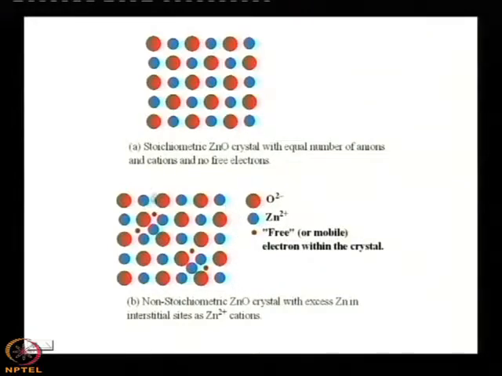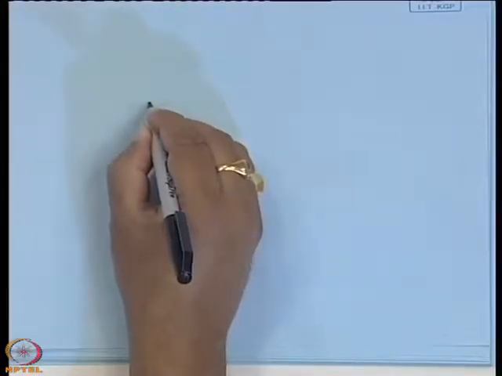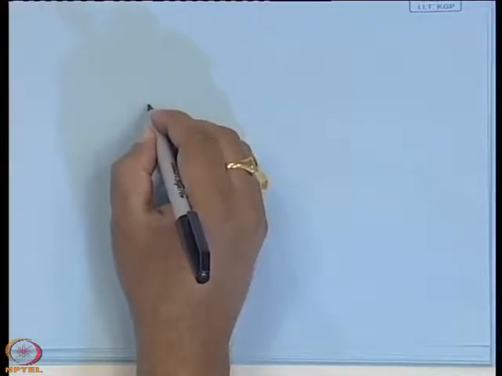But how does the crystal remain electrically neutral? Basically, there are n number of oxygen anions and n number of zinc cations, and 2 electrons are there for each excess zinc cation.